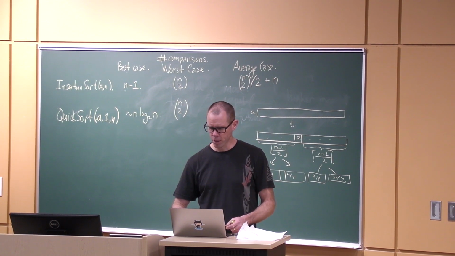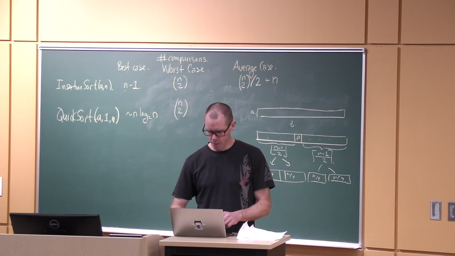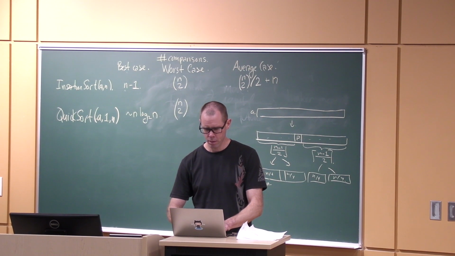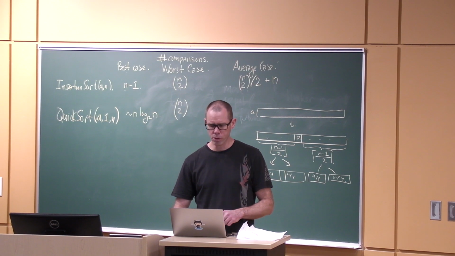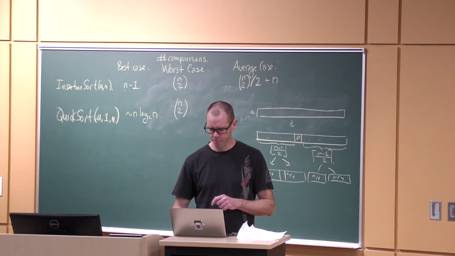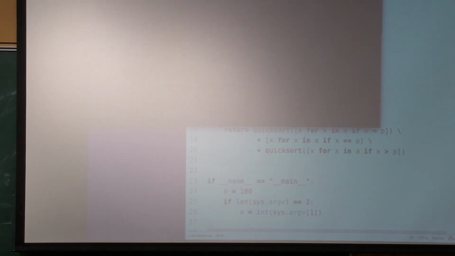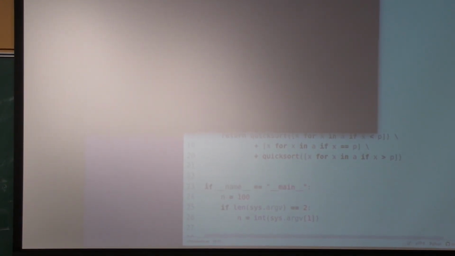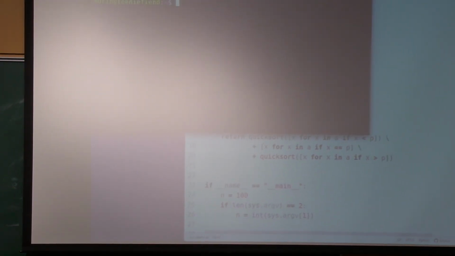So here are the two implementations of those things. This will just run them. So let's sort two arrays of length 100. Okay, so both of those seem to happen more or less instantaneously. Let's do two arrays of length 1,000. I don't know. Did you see any difference there?